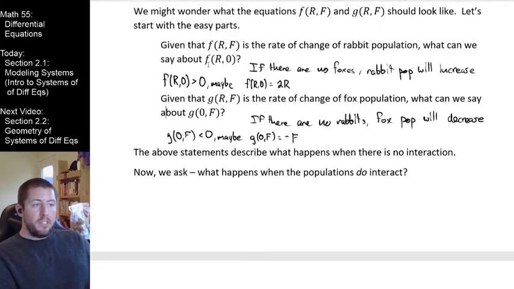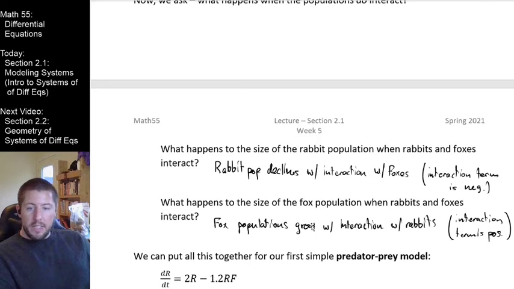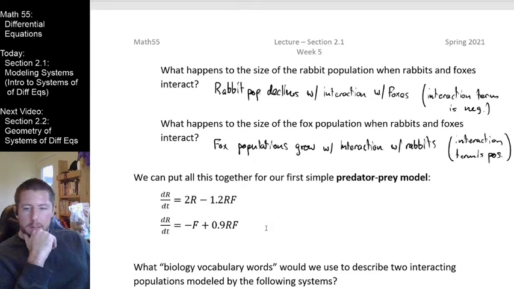So we can put these two ideas together, what happens when there's no interaction, as well as what happens when there is interaction, for our first sample predator-prey model right here. And so here we can see exactly the things that we had described. First, completely ignore the two terms on the back right here. The rate of change of rabbit population is positive if there's only rabbits.